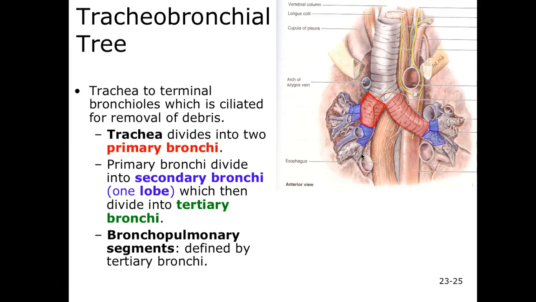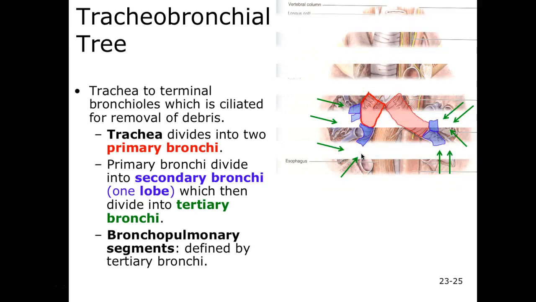And then it breaks down into your secondary bronchi, and each secondary bronchi will go into its respective lobe of that lung. So soon we'll learn about lobes, and I'll kind of go into more detail on these. And lastly, we have the tertiary bronchi, and these divide to supply each of the bronchopulmonary segments.